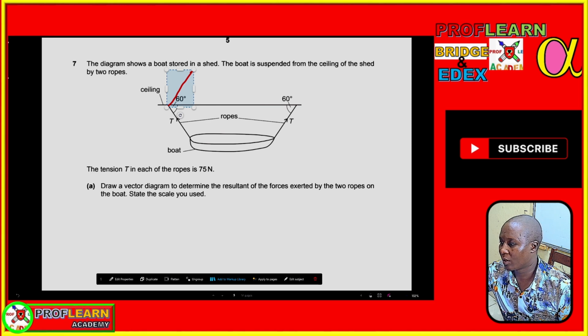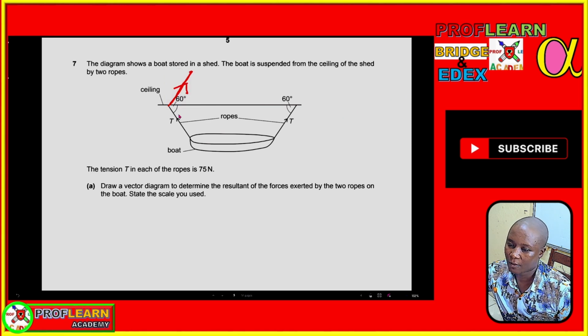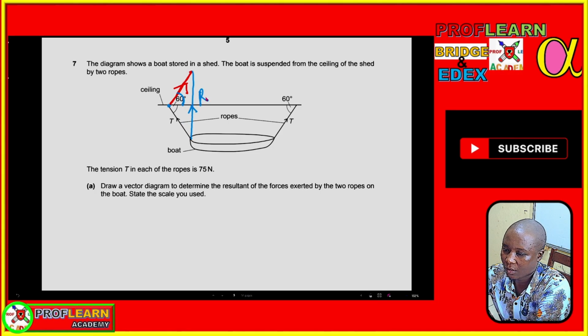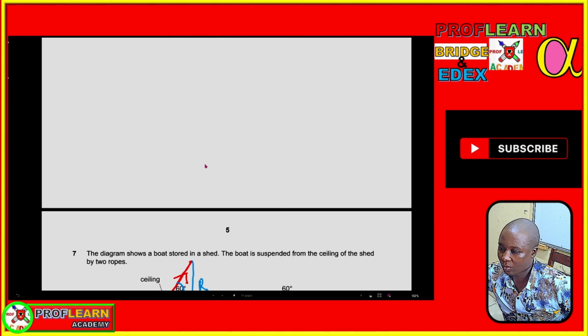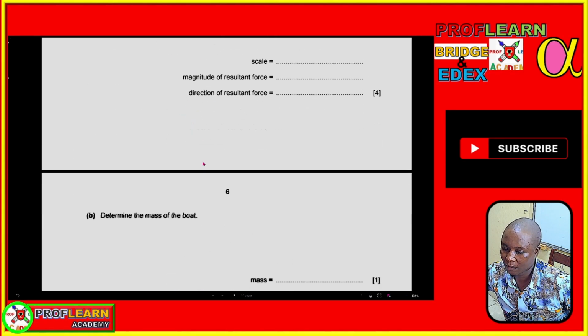You draw them such that this vector has been translated to that point, but the angle it makes with the horizontal should be 60. Then you measure that distance, which represents the resultant. That's what you're going to do in order to obtain that.